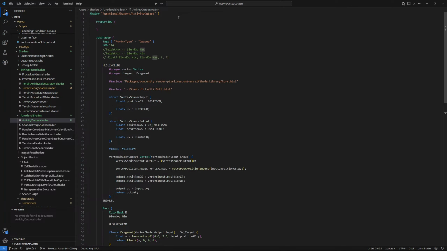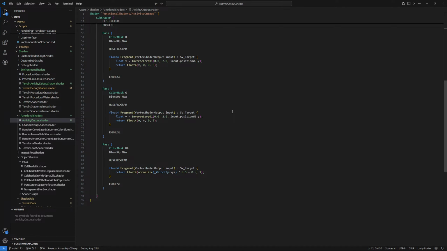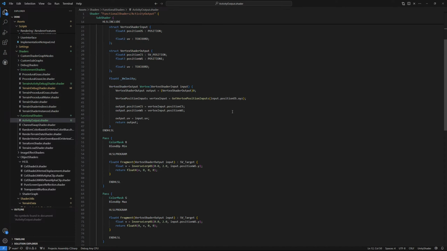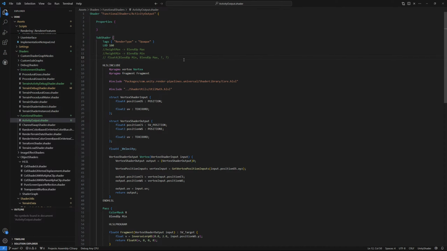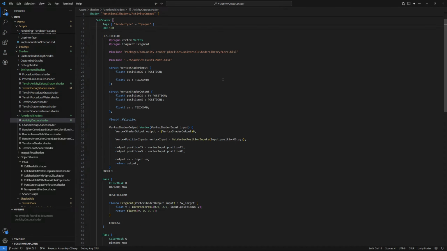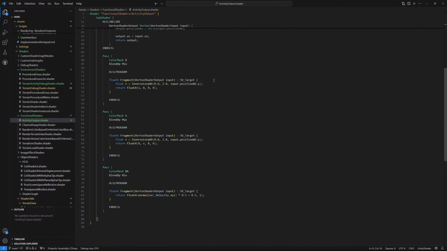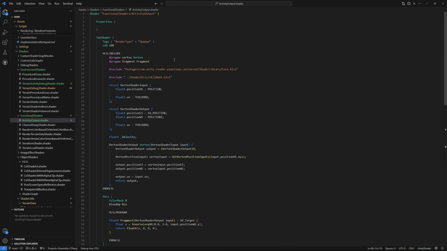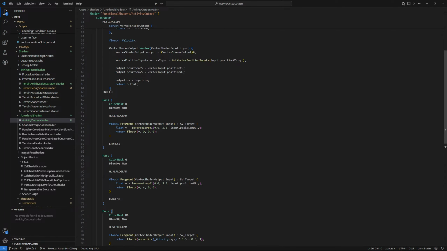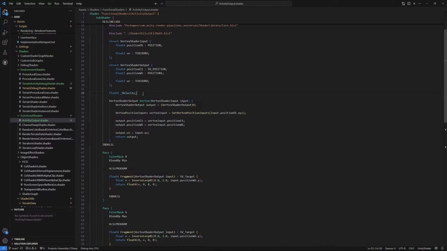So activity output. Okay, so we do velocity float 4 here.